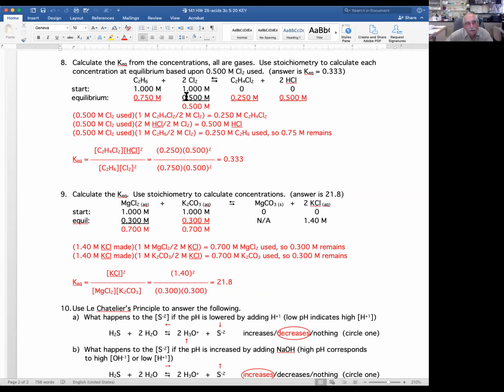Then, for every 2 that go that way, it takes 1 of those with it. So if 0.5 went that way, then 0.25 of this went that way. So we have at equilibrium 0.75. And this is products over reactants, put in the numbers, crunch the numbers.